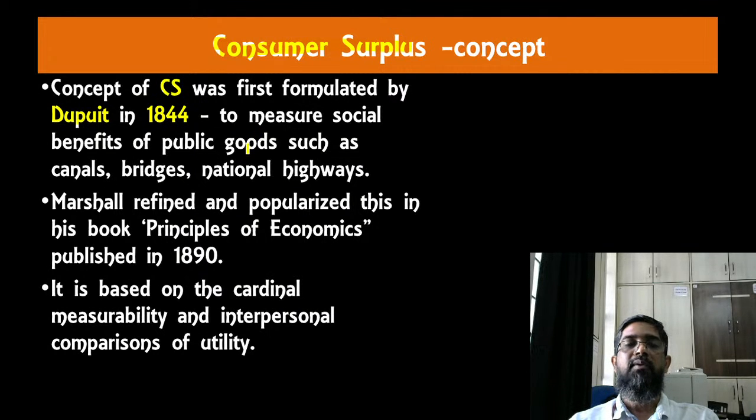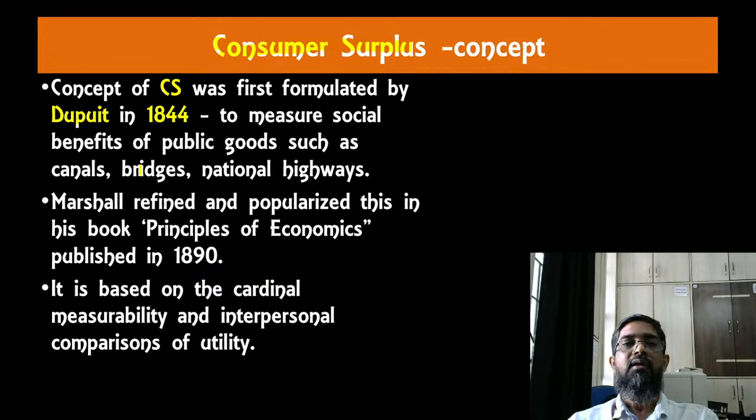Public goods are those goods which are used by all, and you cannot exclude people from using them, for example national highways, bridges, canals. Everybody uses them. So Dupuit used this concept for explaining the social benefits of public goods, or goods which are run and controlled by the government.